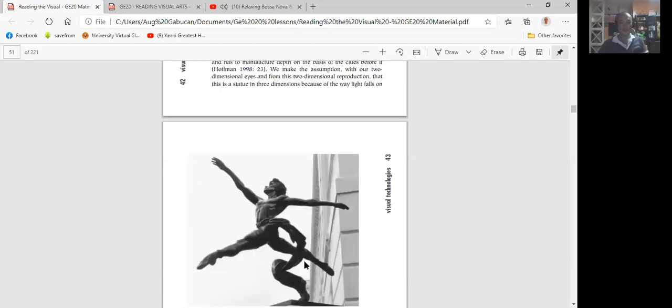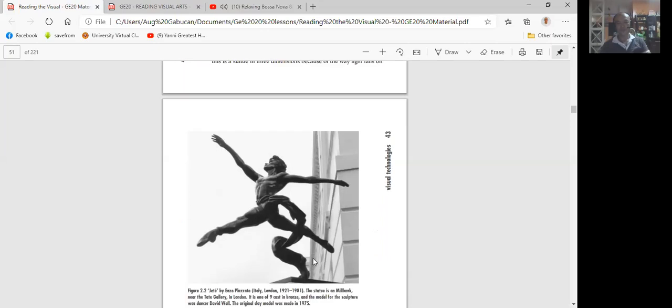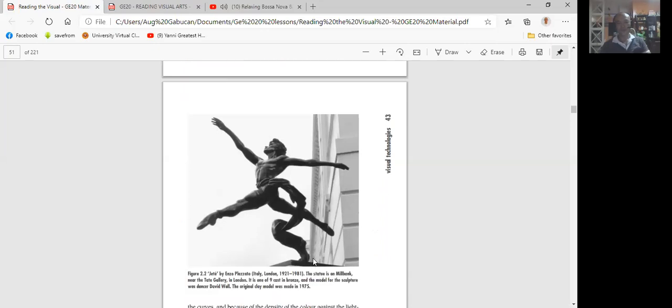Okay, so we have an example here of a picture. What do you see in the picture? I see a person. Do you see movement? Yes, it's a dance, right? But what else do you see? What can you infer looking at this picture?